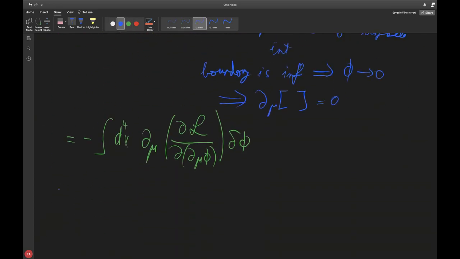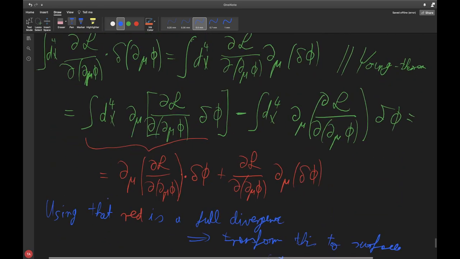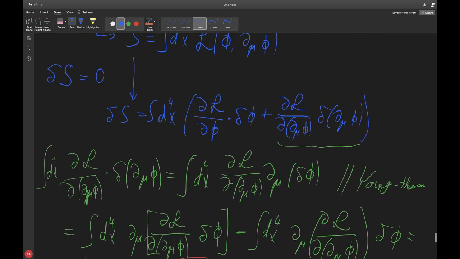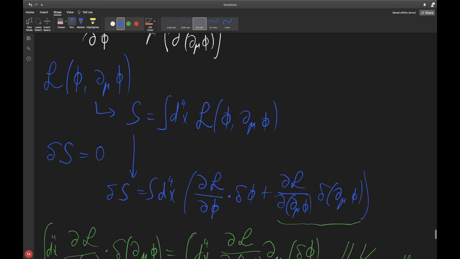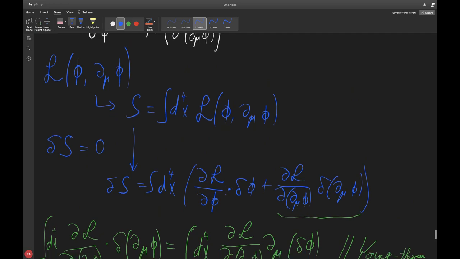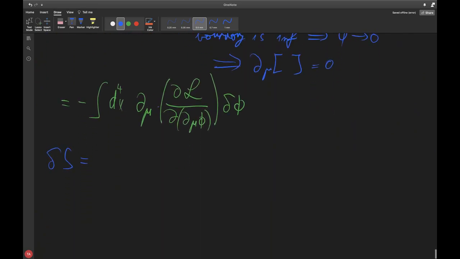So continuing the blue part: the blue part was the delta of S, which you remember we want to be zero, and had the first part, which was this part, the derivative of the Lagrangian by the field multiplied with the variation of the field. So let's write it down. We have a four-dimensional integral of the derivative of the Lagrangian density by the field, multiplied with the change, the variation of that field.